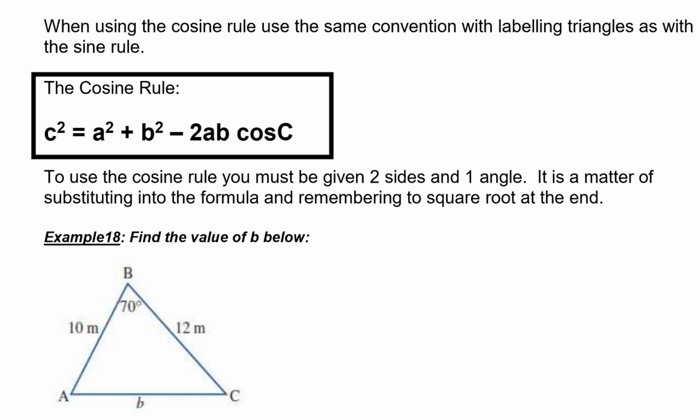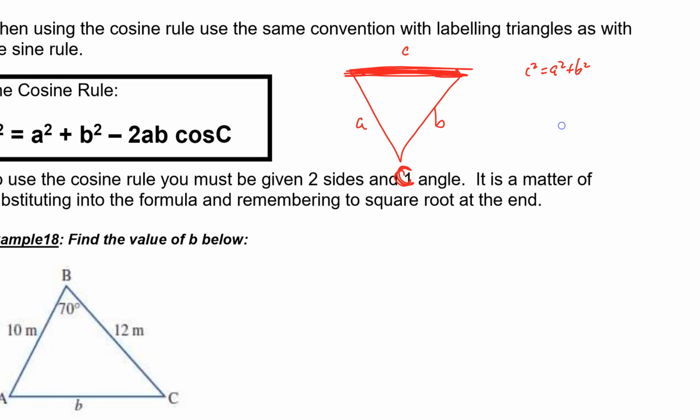So if I have some triangle and I want to find the length of this side here, I'm going to call this side C. Now I've got A and B here, and this angle here is the big C. So C squared, the little one, equals A squared plus B squared. Looks just like Pythagoras so far.